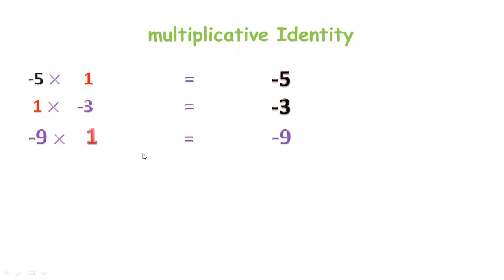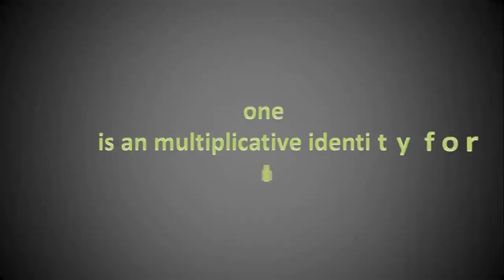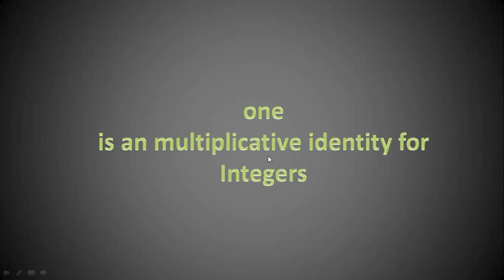That is 1. So in general, for any integer a, a into 1 is equal to a. This is called identity property of multiplication. So one is called multiplicative identity for integers. If you multiply any integer by 1, we will get the same integer as the answer. This is called multiplicative identity property. One is the multiplicative identity.